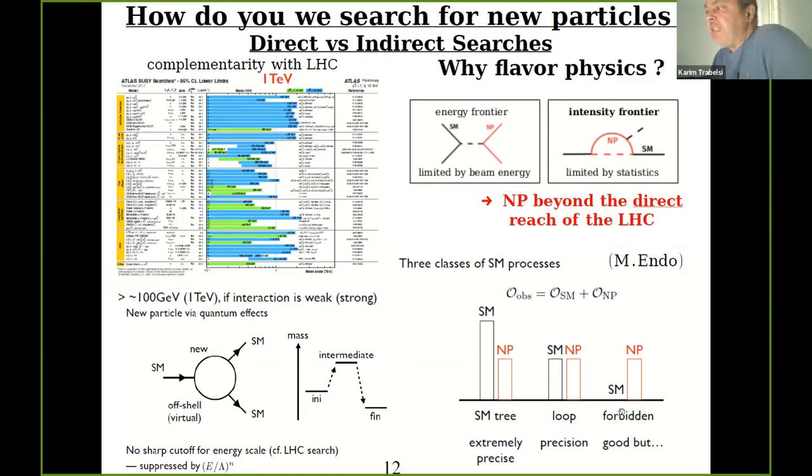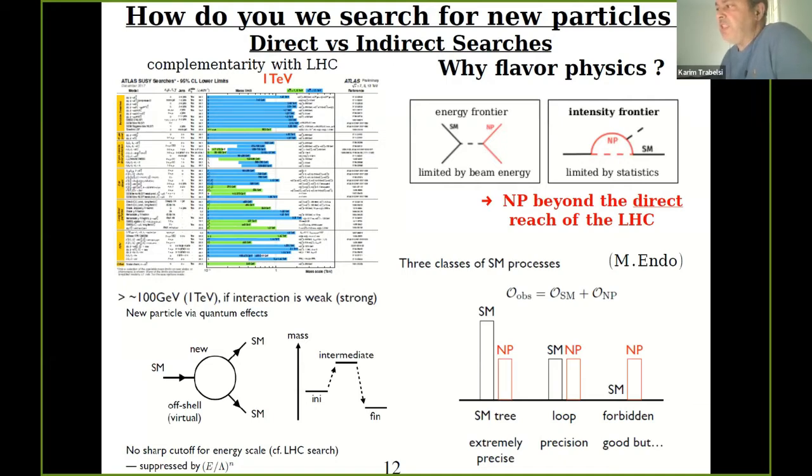And the last category is where the Standard Model doesn't allow the decay. Typically, these lepton flavor violation decays, where you expect no signal, or you have a very strange, unexpected signature. And if you see this decay, well, it's perfect.